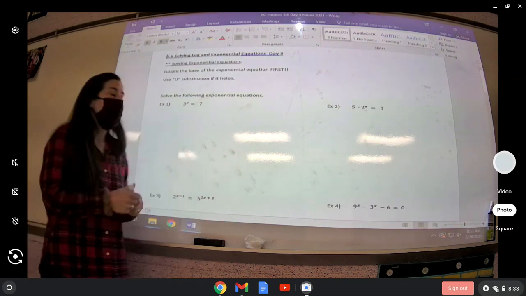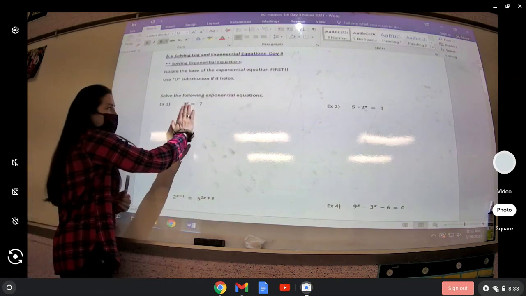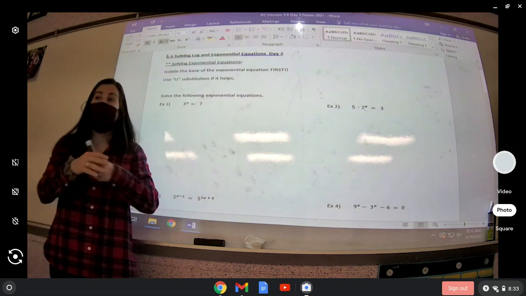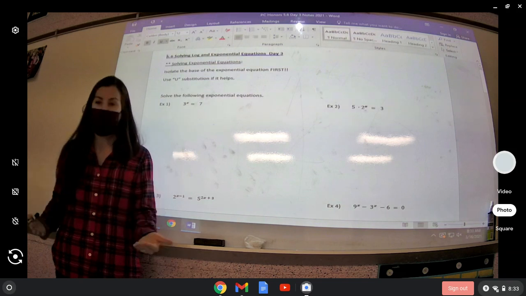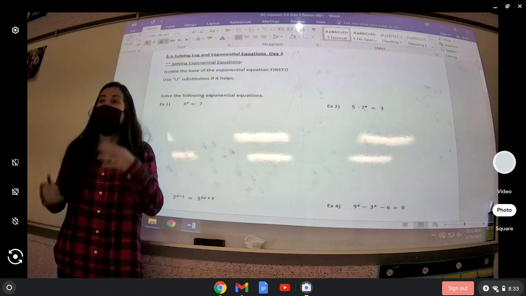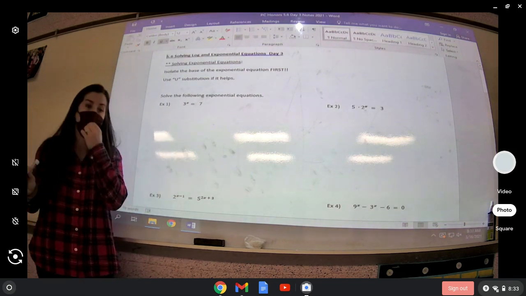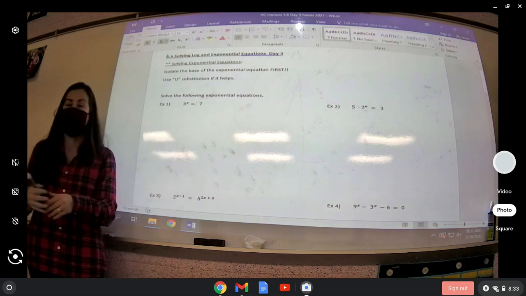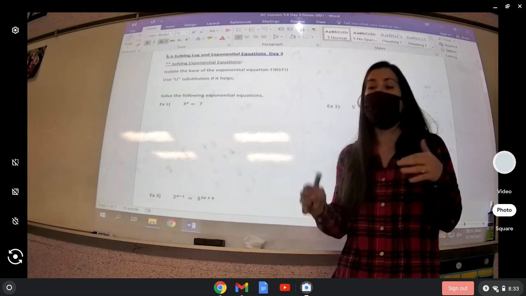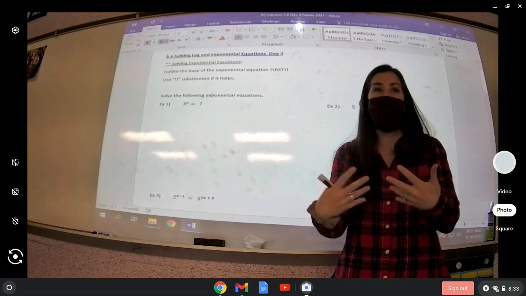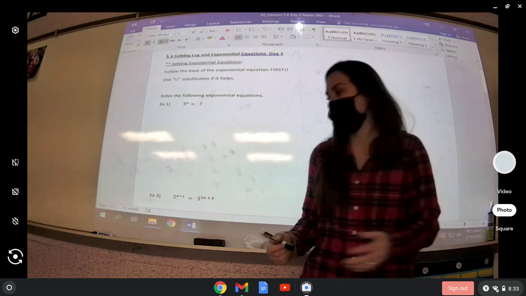So I'm not going to do that. If I'm going to undo an exponential, I'm just going to take either the log base 10 of both sides, or I'm going to take the natural log of both sides. It's your choice, but those are the two best bases to work with, base 10 or base E. When you get to calculus, base E will be a little bit more user-friendly when you're doing the derivatives, so I'm going to try to train you guys to natural log both sides.